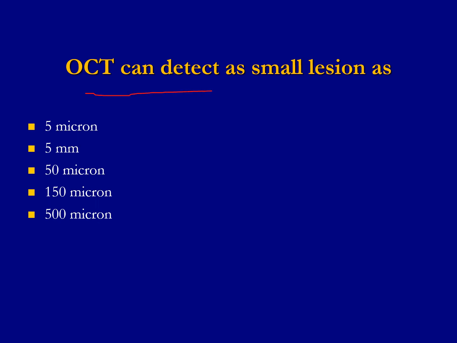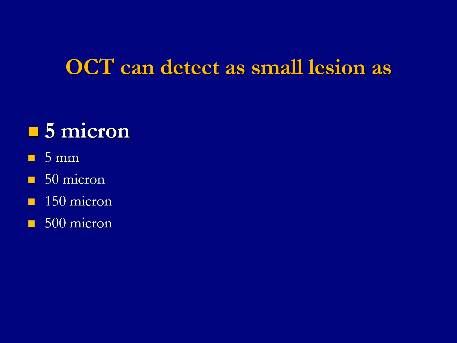OCT can detect as small a lesion as 5 micron, 5 millimeter, 50 micron, 150 micron, or 500 micron. As we already discussed, it can see very small lesions, as small as 5 micron, so that would be the answer.